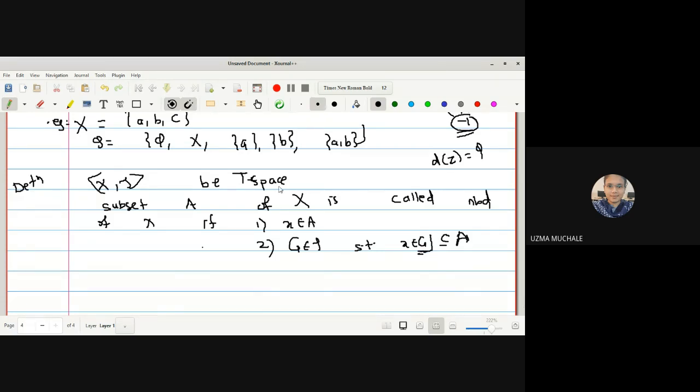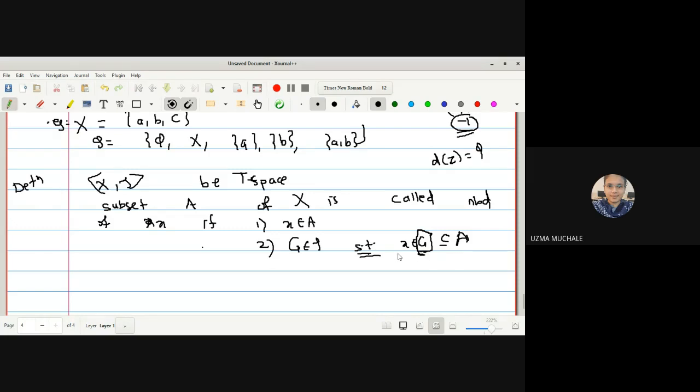A subset A of X is called a neighborhood of small x if the first condition is that x should be a member of A, and there exists G belonging to tau such that x belongs to G and G is contained in A.